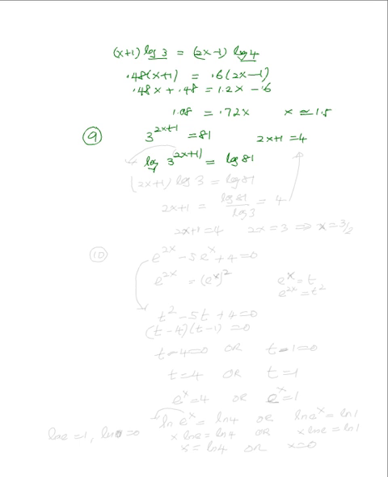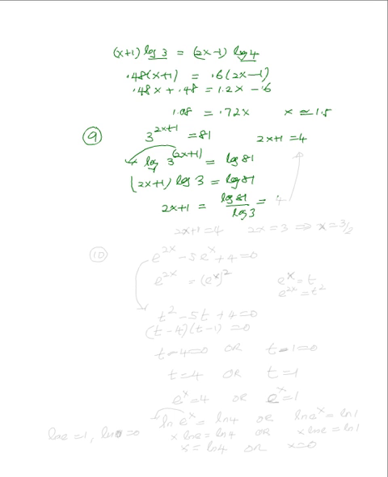Now, again, we could move this 2x plus 1 as a coefficient. So we have 2x plus 1 times log of 3 equals log of 81. Now, if you wanted to separate, we could divide both sides by log of 3, and you will have 2x plus 1 equals log of 81 over log of 3.